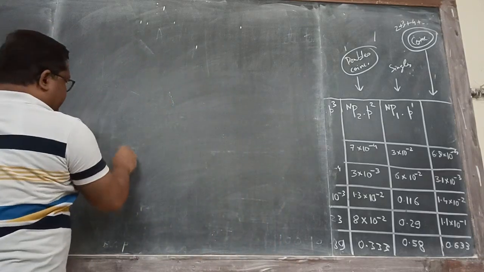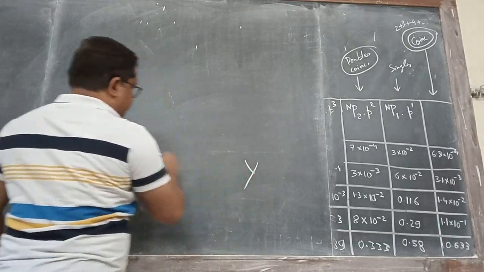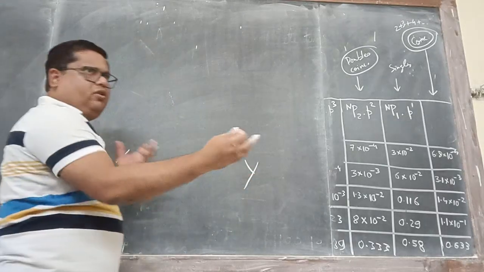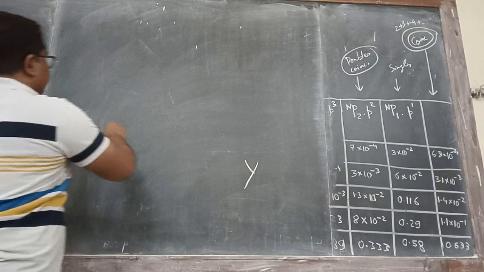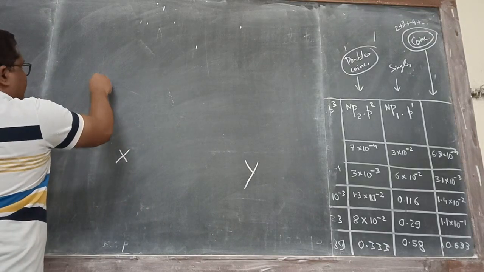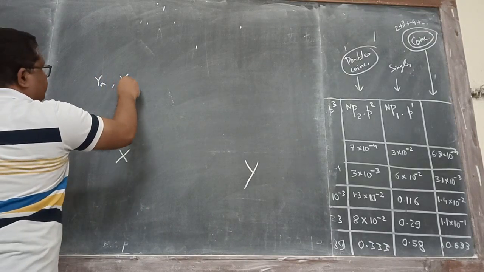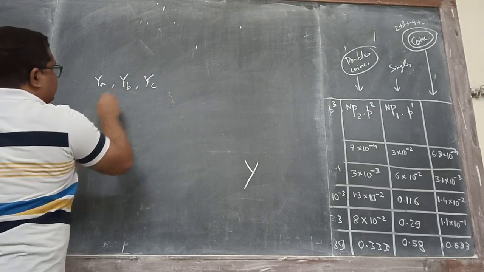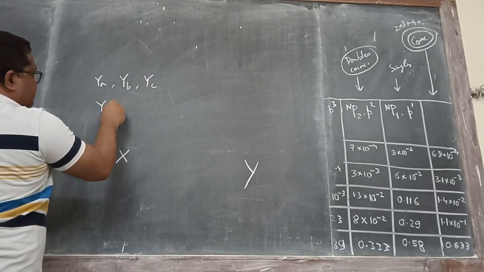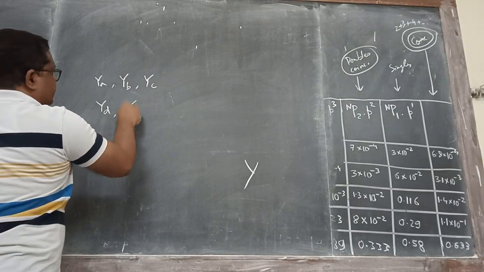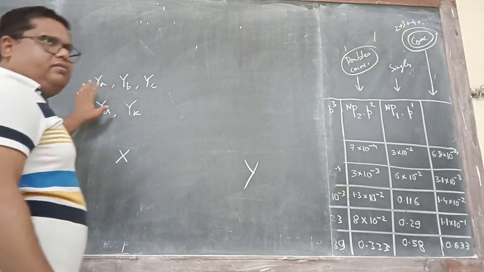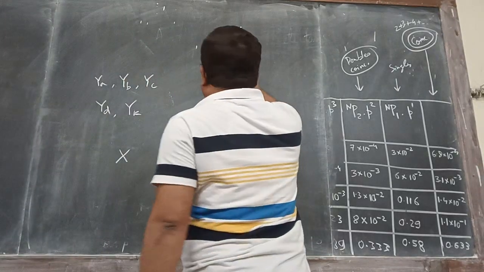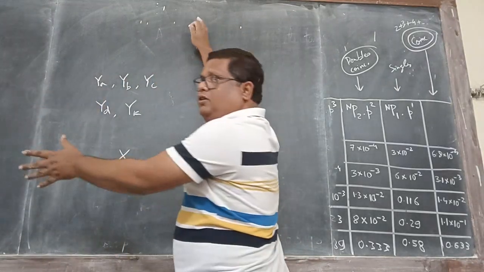Suppose there are 2 nuclei, X and Y. They are closely lying nuclei. Here we have got gamma A, gamma B, gamma C, gamma D and gamma K. Just 5 gamma rays, and here there are again a large number of gamma rays.